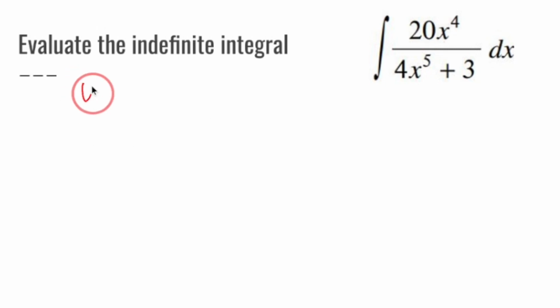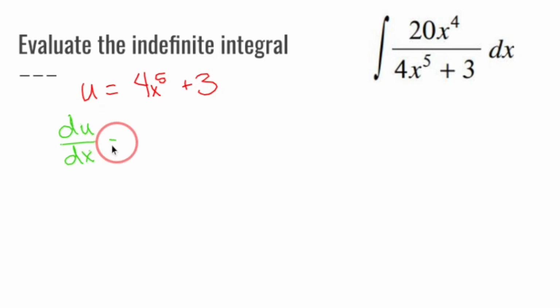So what I'm going to do is I'm going to let u equal the denominator, 4x to the 5th plus 3. Now what I want to do is I want to take the derivative of that, du dx equals, let's drop that, make that 20x to the 4th, plus 3 goes away. What I want to do is I want to turn this into dx.